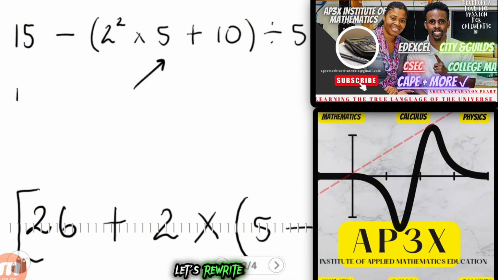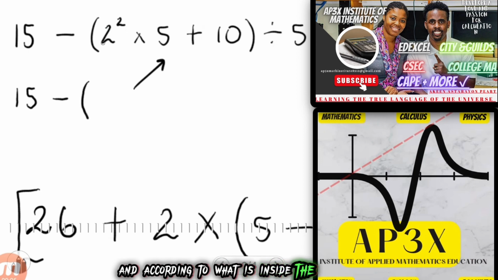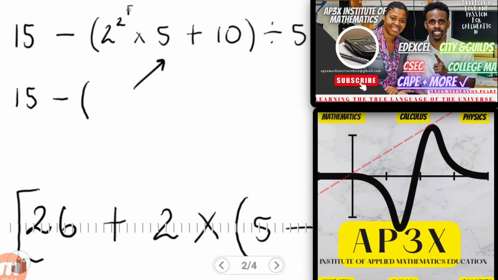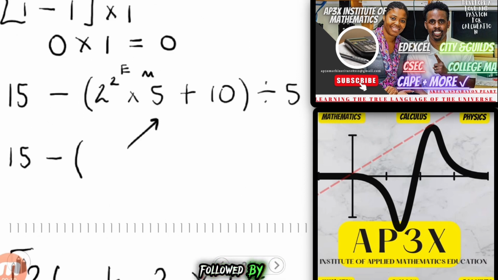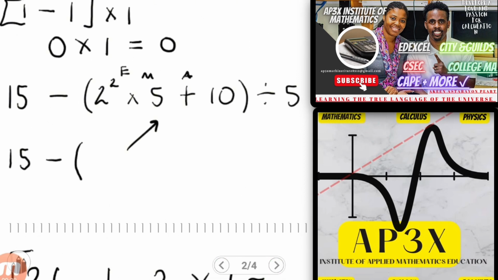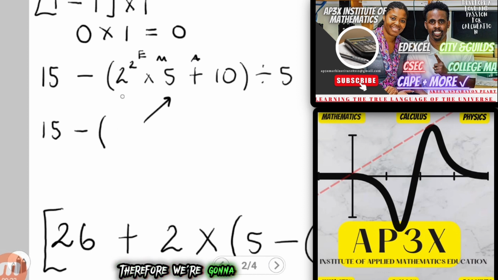So let's rewrite our 15. We're going to take that away from, and according to what is inside the parenthesis here, we're going to work the exponent followed by the multiplication followed by the addition. E followed by M followed by A. So therefore we're going to say 2 squared is 4.